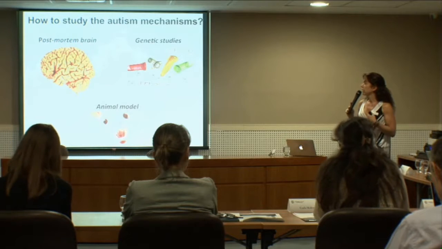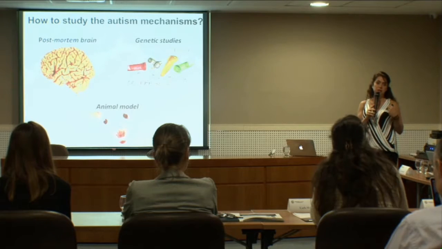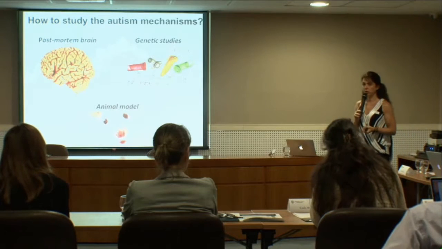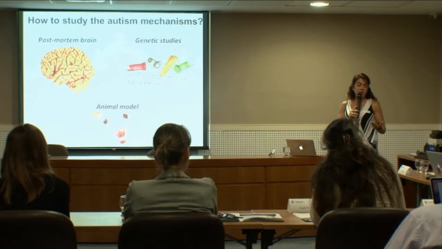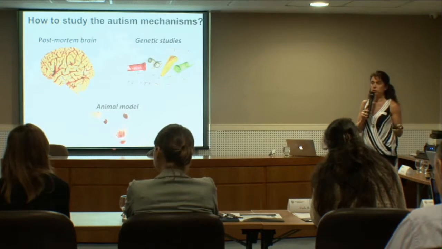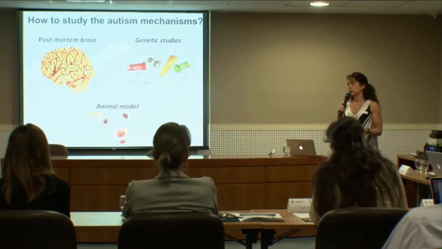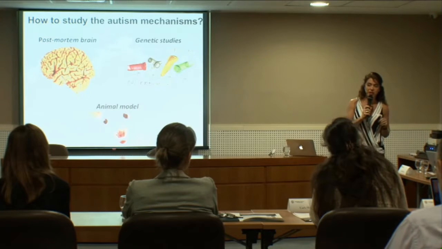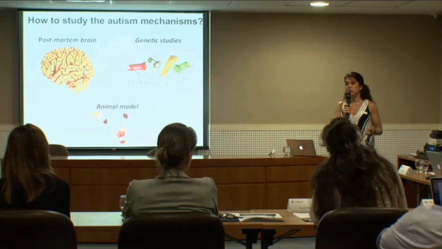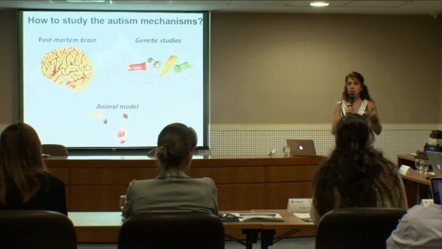We can also use genetics to study autism. It's important to say that we have more than 1,000 genes related to autism. So it's a kind of black box, but it's important, although it doesn't bring insights directly related to neurodevelopment. We also have animal models, but here we have to make a caveat, because as I told you before, we have many genes related to autism, and when we are talking about an animal, the background is completely different.